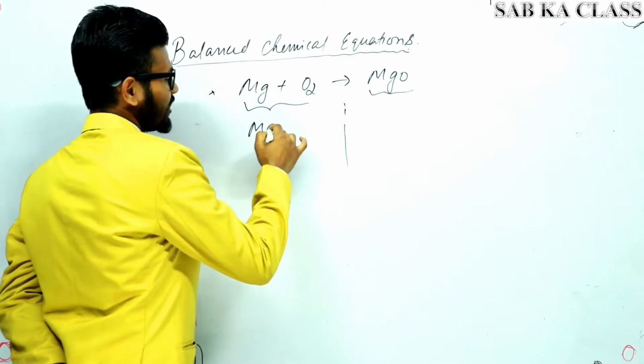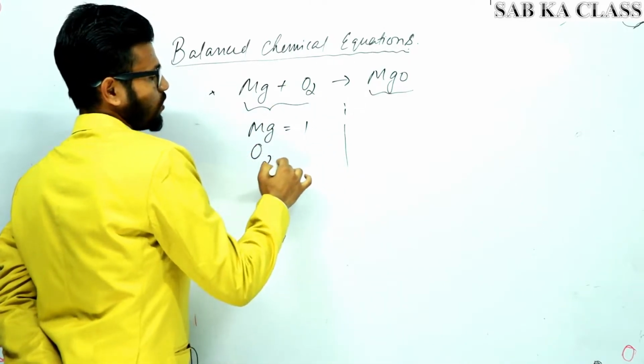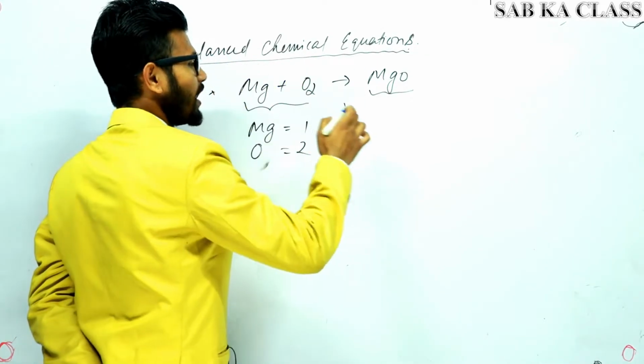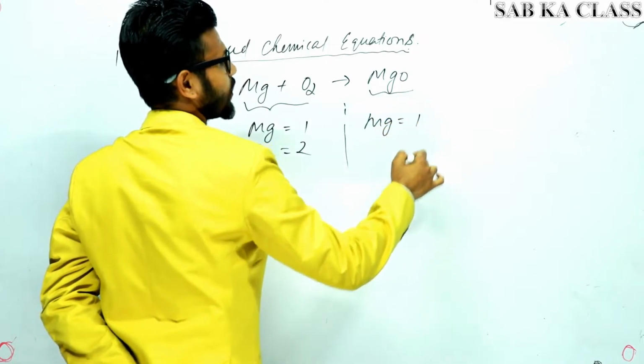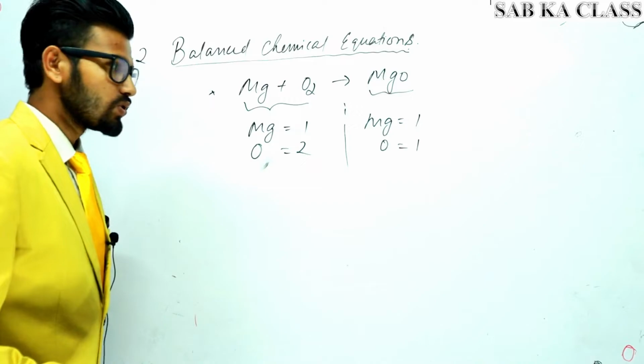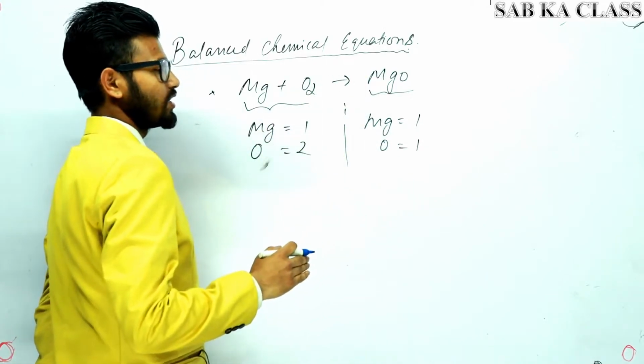How many Mg are here? 1 Mg is there. How many oxygens are there? There are 2 oxygens. But on the product side, how many magnesium are there? There is 1 magnesium. And oxygen, there is 1 oxygen. So my dear, as you can see, the oxygen is not equal in both cases.